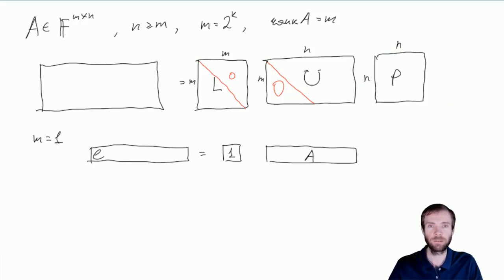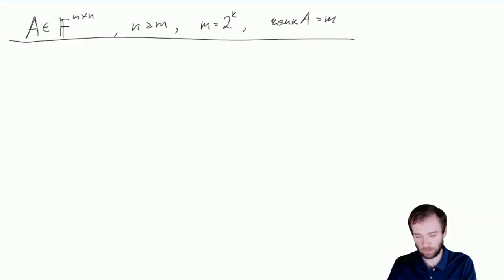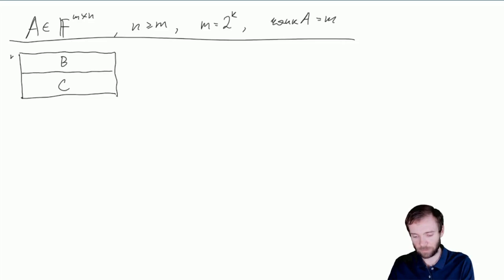And now we'll proceed with the general case of m greater than 1. In case when m is greater than 1, we can split our matrix A into two matrices, B and C. Each of these matrices will have size m over 2 by n.